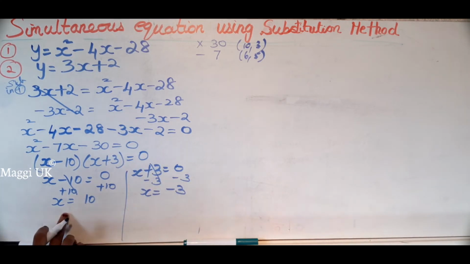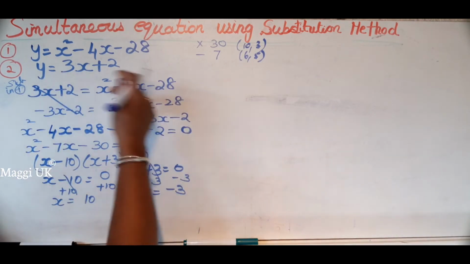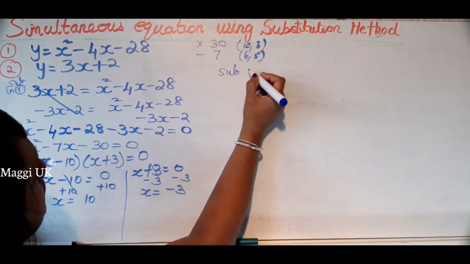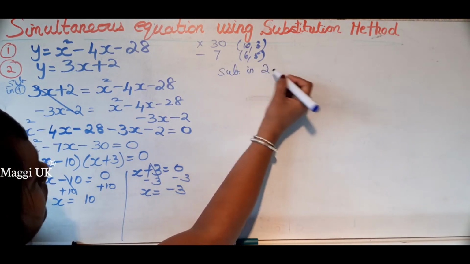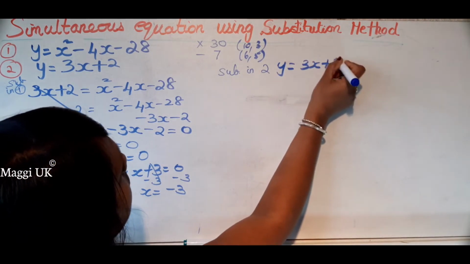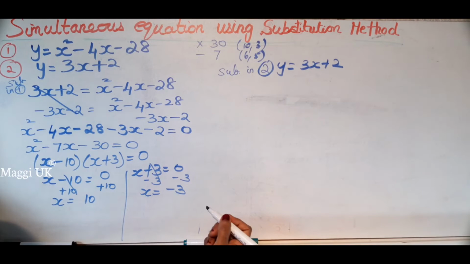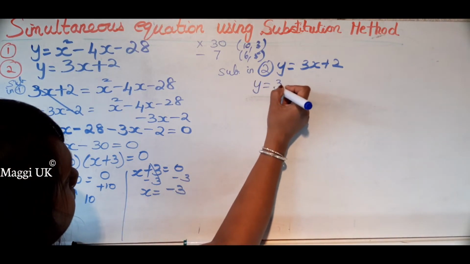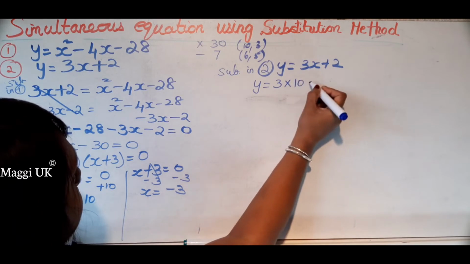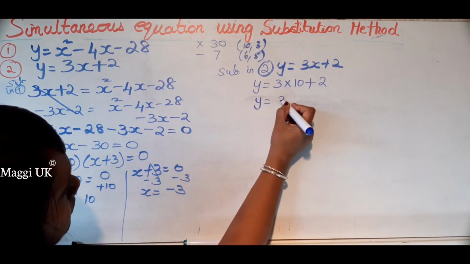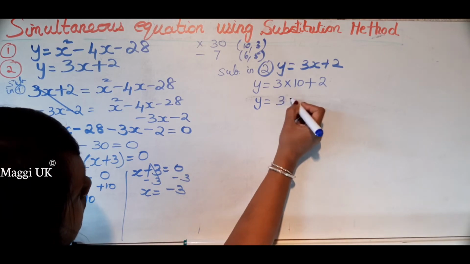Now we are going to use one of the values to substitute in number 2 since it looks easier, which is y equals 3x plus 2. If we substitute 10 into x, y is equal to 3 times 10 plus 2, so y is 30 plus 2, which is 32.